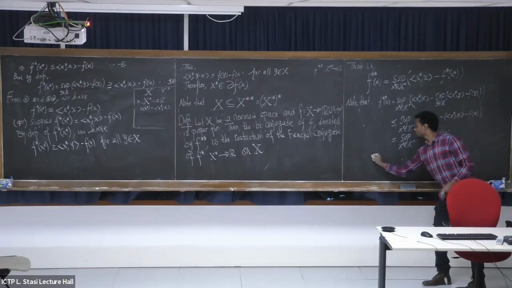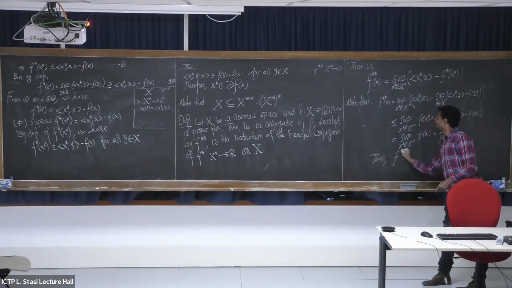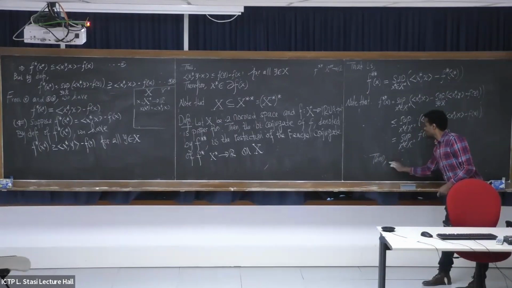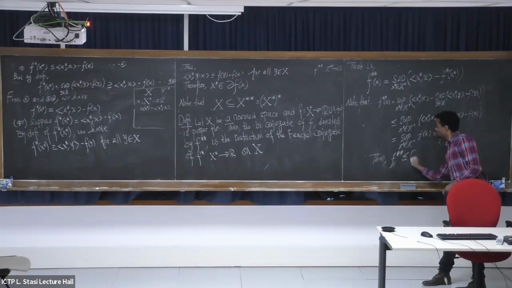So this implies that the biconjugate is less than or equal to the function f.